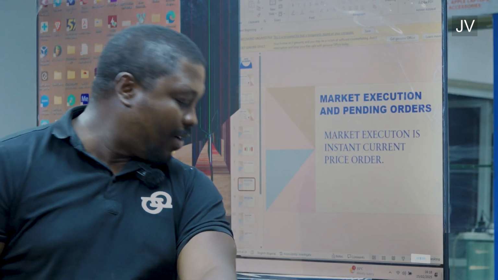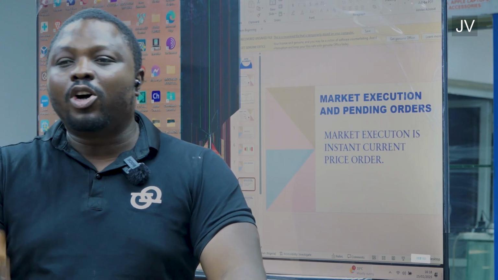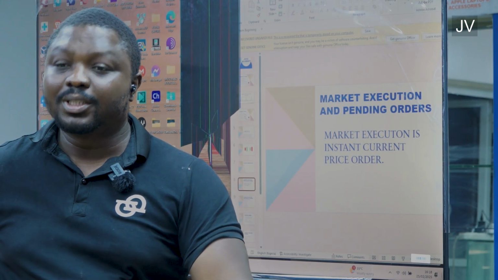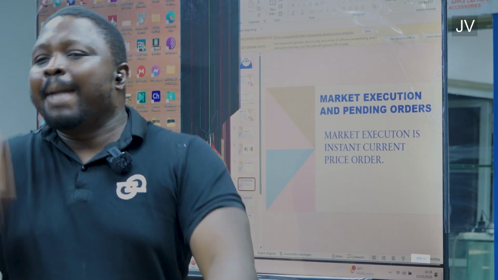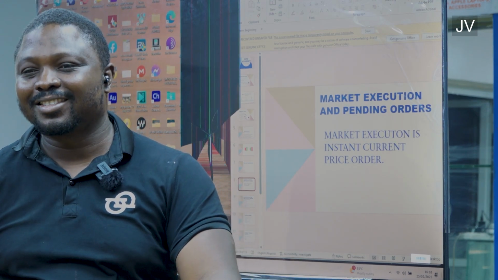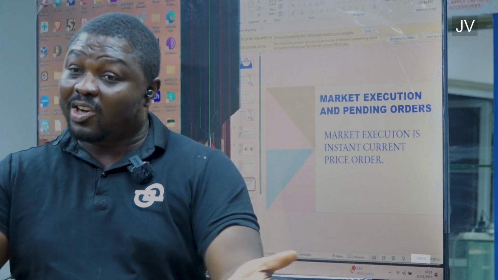Now, in forex, there's something we look at: percentage. 10% of $100 is how much? That's $10. 2% of $1 million is how much? That's $20,000.